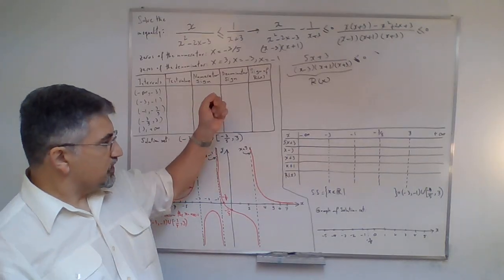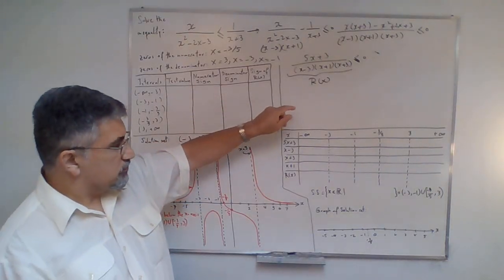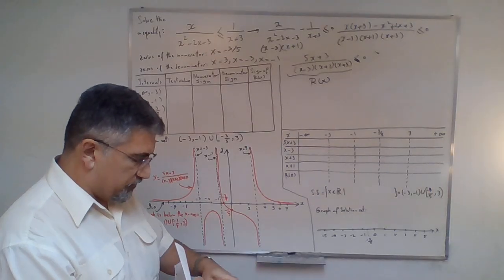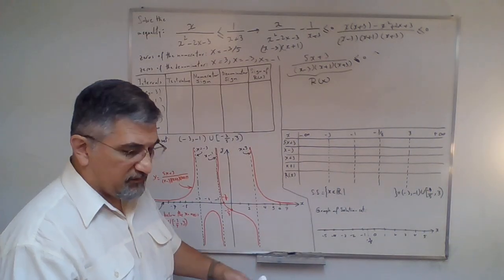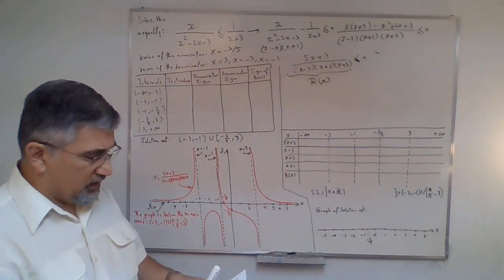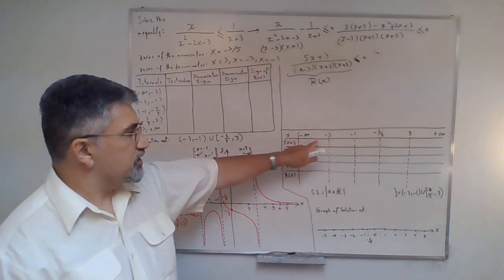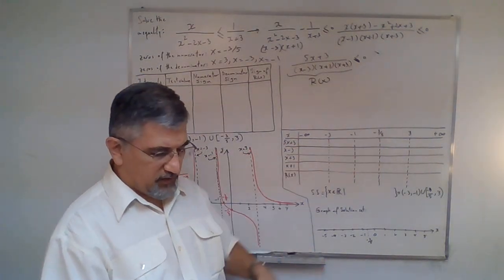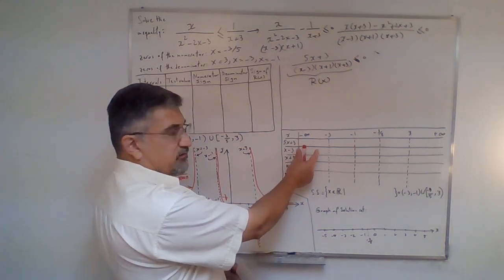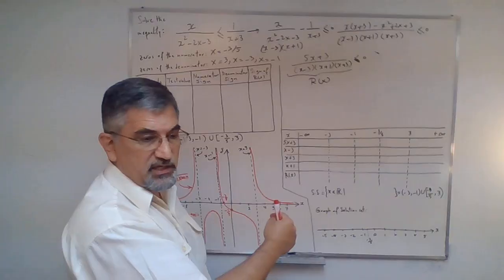Now, I'm going to use this chart method first of all. So, as I said, we have 4 zeros in the numerator and denominator, and these numbers, negative 3, negative 1, 3, negative 3 over 5, they divide the number line into 5 intervals. This is the first interval, values of x less than negative 3.